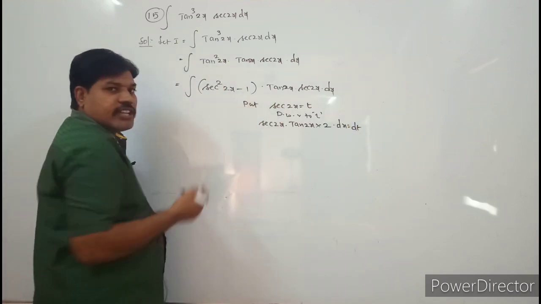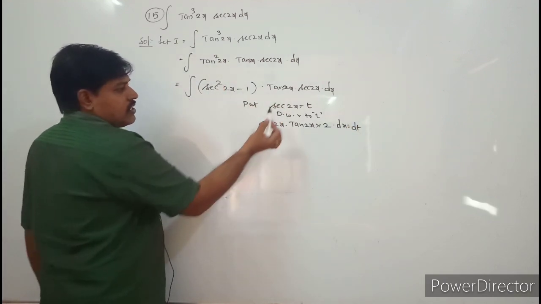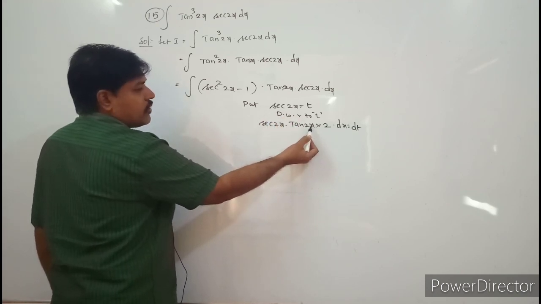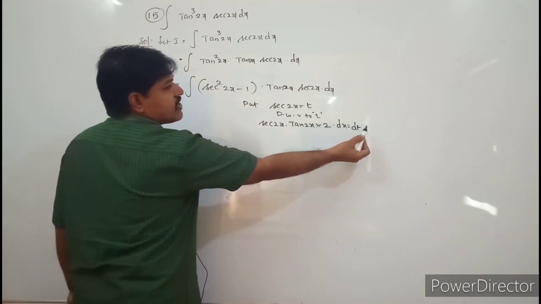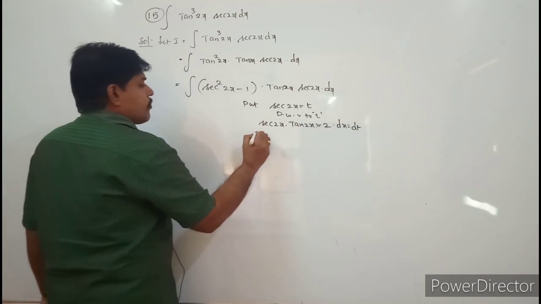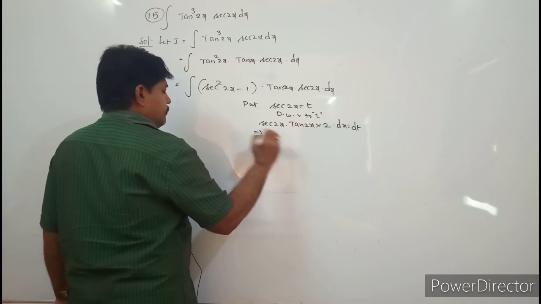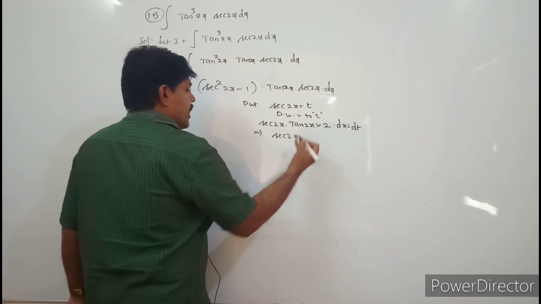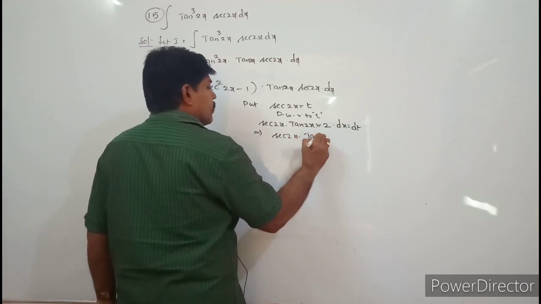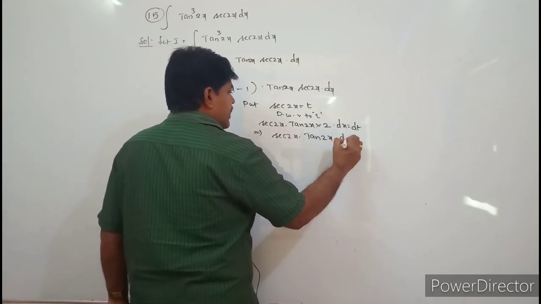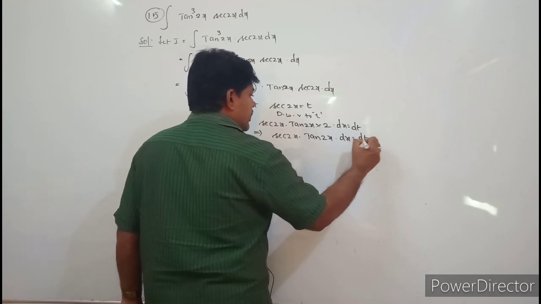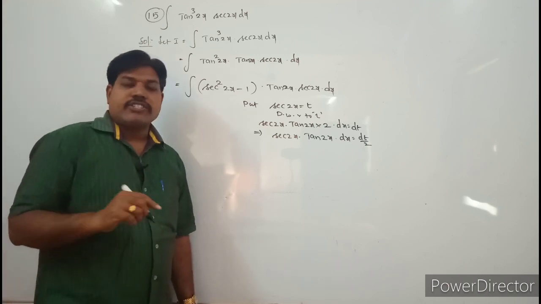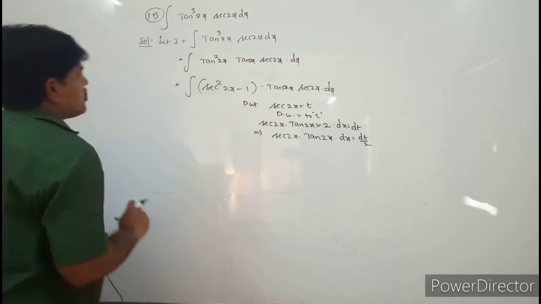That implies secant 2x into tan 2x into dx is equal to dt by 2. So substitute this value in I.